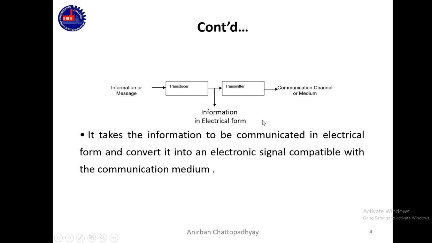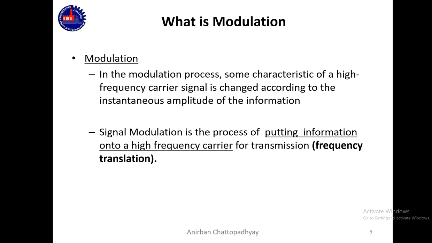So what does the modulator do? Now modulation actually happens. What is modulation? You need to remember that for modulation we need two different signals: one is the message signal, another is the carrier signal.